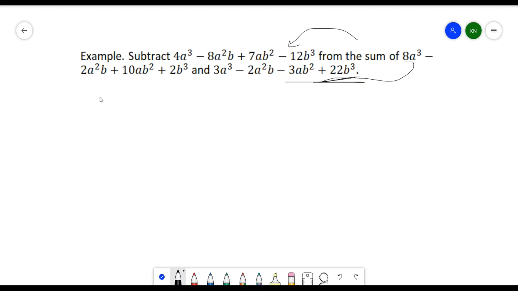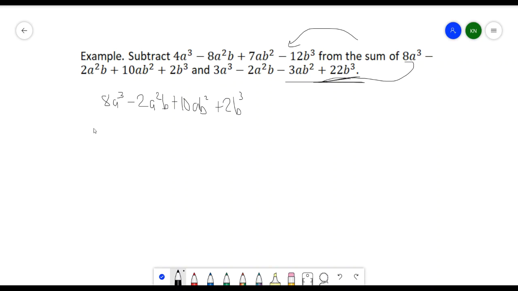So we'll rewrite this one. We have 8a cubed minus 2a squared b plus 10ab squared plus our 2b cubed.